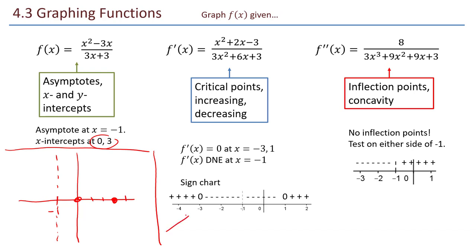I look at my first derivative to know where the function is increasing or decreasing. Oh, there's a -3. So it's increasing until -3 and then decreasing after -3, but it hits the asymptote. Then decreasing and increasing, so it must decrease through the x-axis at 0, then increase at 3.